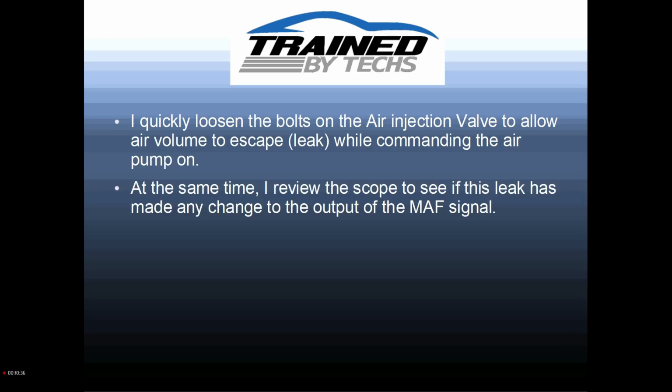At the same time, I'm going to review the scope to see if this leak that I just created has made any change to the output of the mass airflow sensor. If I have added this leak to the system, and that is the cause of the problem of the vehicle, my mass airflow should now report correctly.